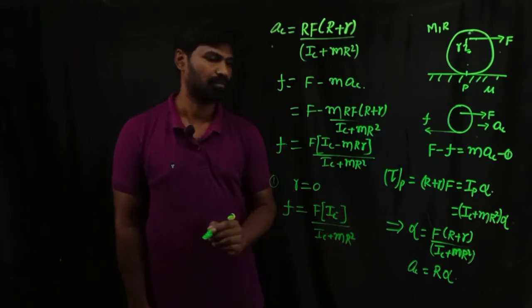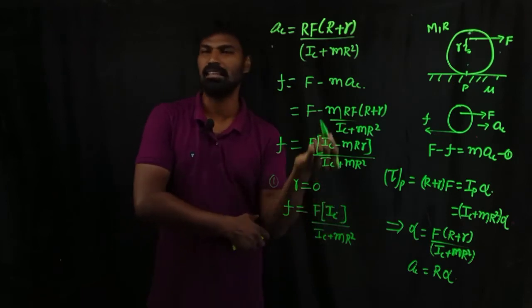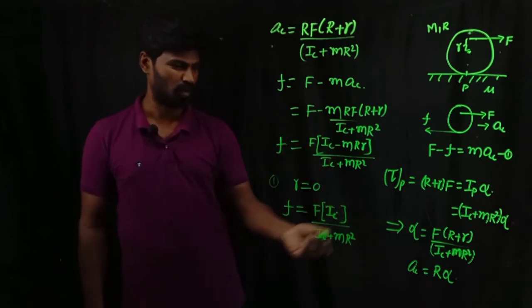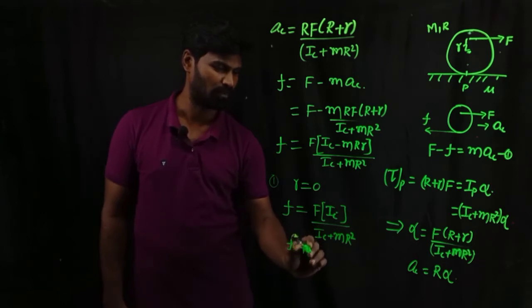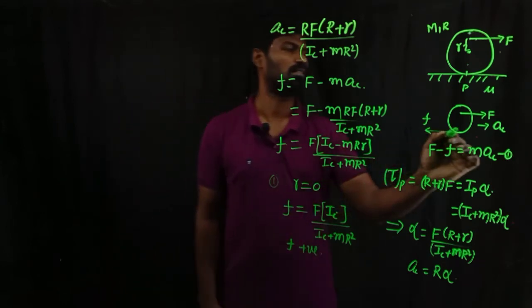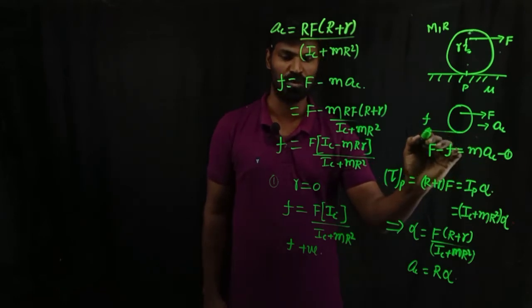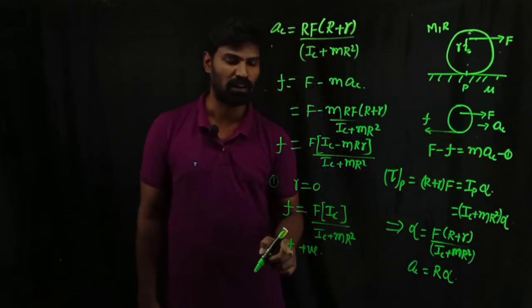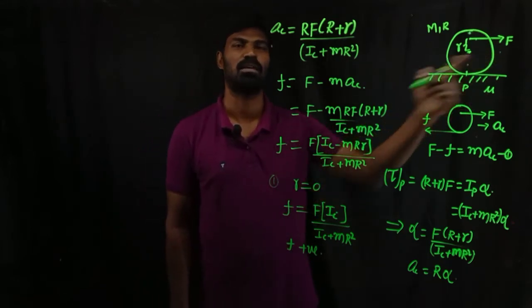Have a look at it. Applied force to the right is positive, and IC and m into r square are always positive. All the parameters are positive, because of which the frictional force is positive. Positive frictional force means the direction of frictional force which I assumed and the actual direction of frictional force, when the line of action of applied force passes through the center of mass, is the same.